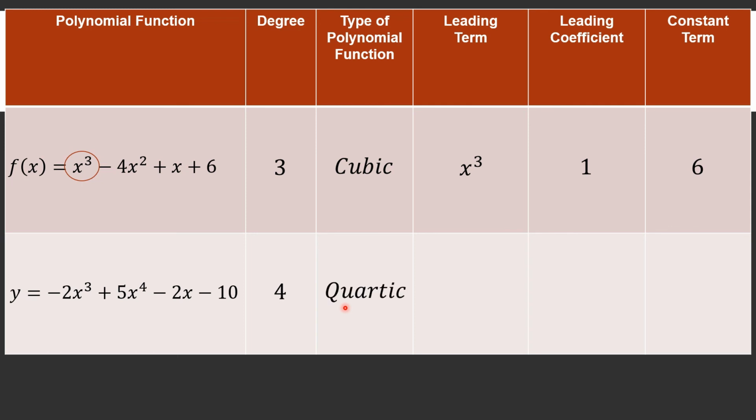Next, the leading term. The leading term is the term that consists of our degree or highest exponent, and that is just 5x to the power of 4. Next, the leading coefficient. From our leading term, what is the number on the left side of x? That is just 5. Next would be the constant term. That is just -10. So that's it.